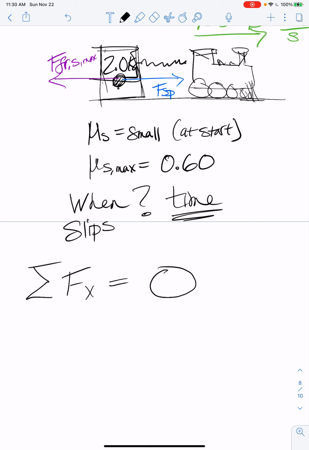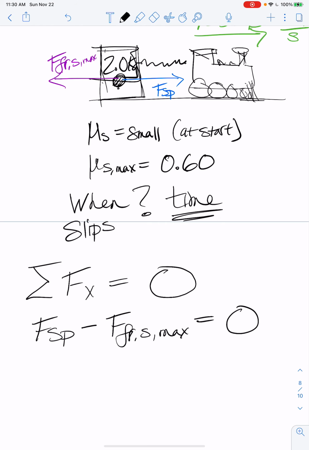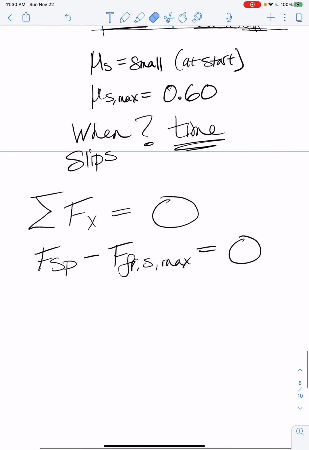So we're saying then force spring is going to point right, so I'll make it positive, and force friction static max is going to point left, so I'll make that negative, set it equal to 0. Force spring is equal to, once again, I'm not going to put the negative sign on because I already applied a sign here with the positive sign because it points to the right. So I'm going to call it K delta X.